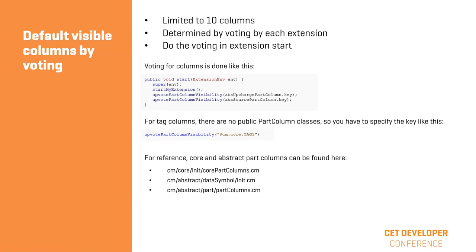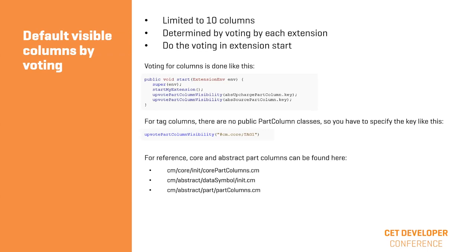I think that the 10 columns that have gotten the most votes will be the ones that are visible. So if you have many different extensions, or 2, and the votes come in a slightly different manner, then the ones that have gotten the most votes will win, so to say.